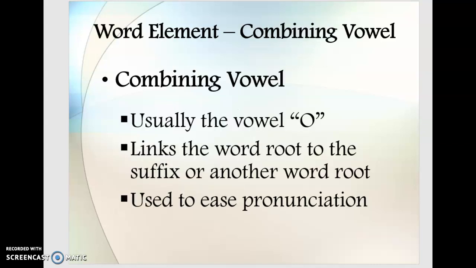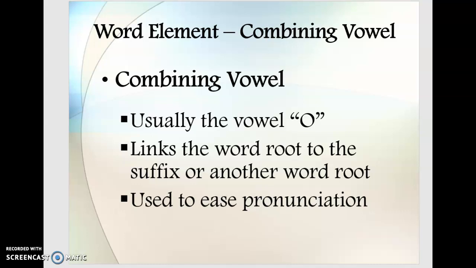The next word element that we have is the combining vowel. And what it's used for strictly is truly to help us pronounce the medical terms more easily, which sometimes isn't so easy, by the way, as you'll learn as you do your pronounce homework.